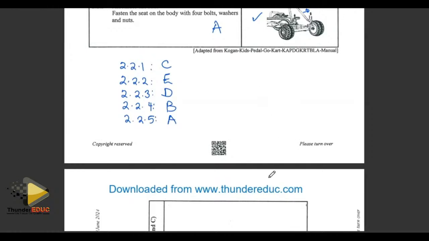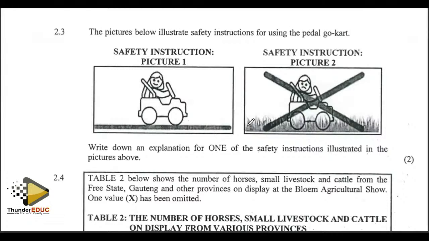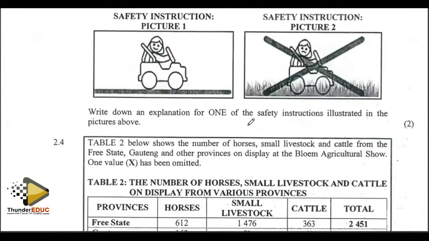All right, we look at the second question. The picture below illustrates safety instructions for using the pedal go-kart. Safety instruction picture 1, safety instruction picture 2. Write down an explanation for one of the safety instructions illustrated in the pictures above.